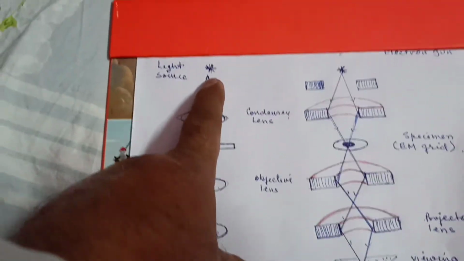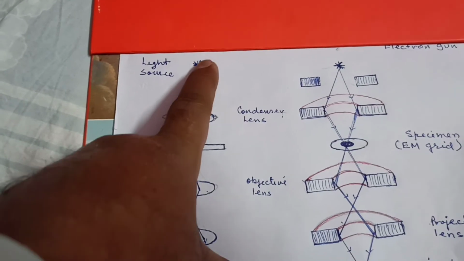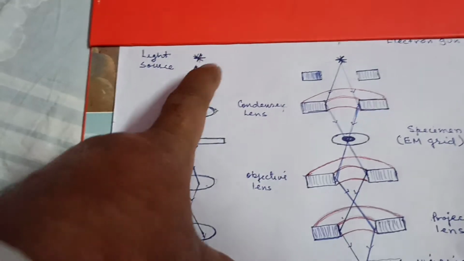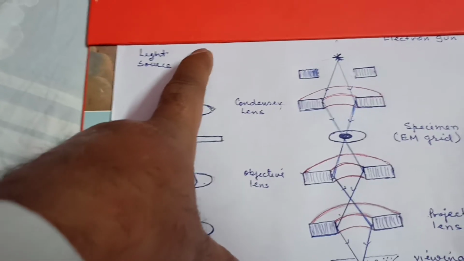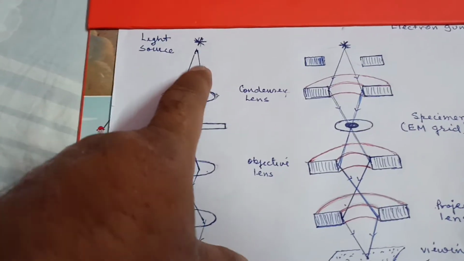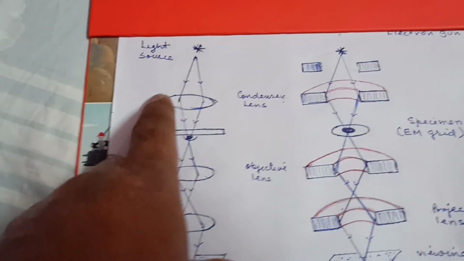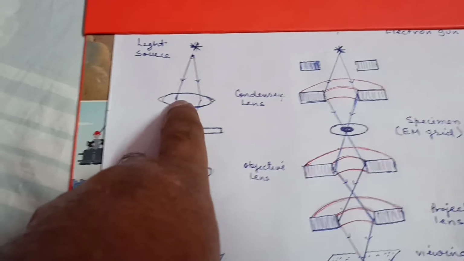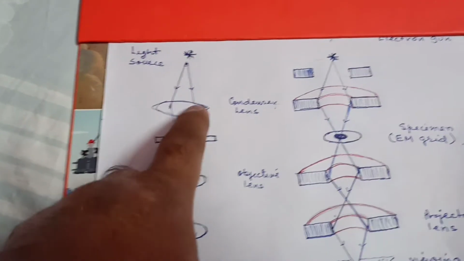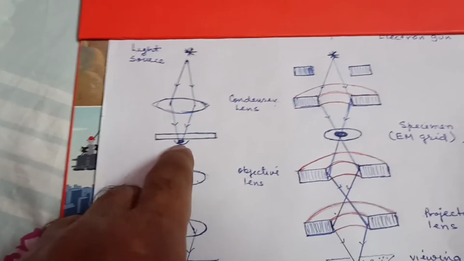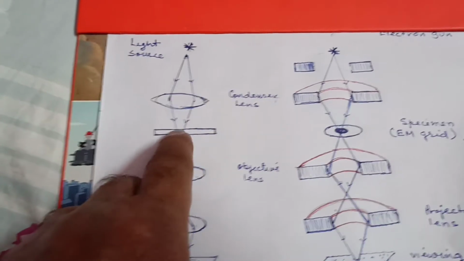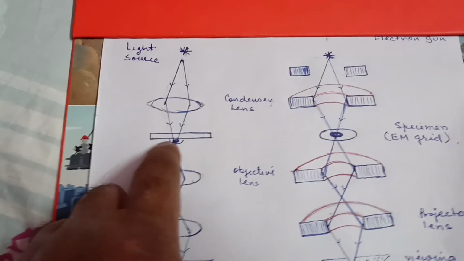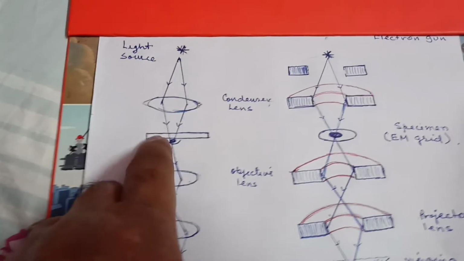In the optical microscope, here is the source of light, maybe a lamp, a laser or an LED, and this is the lens system. The first lens is the condenser. The function of the condenser is to focus the light on the specimen or object, which is placed over a glass slide.